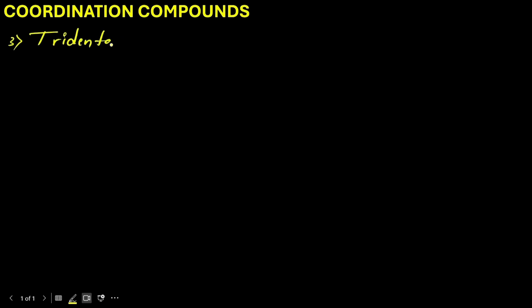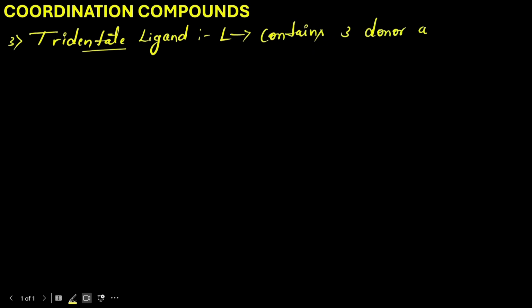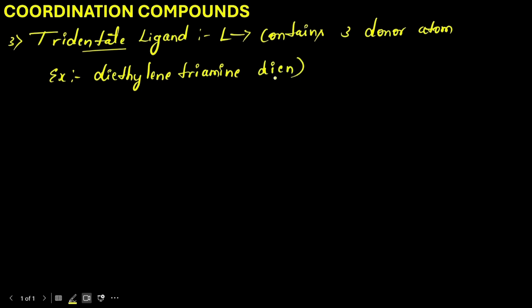Tridentate ligand. These are the ligands which contain three donor atoms. For example, diethylene triamine, which can also be written as dien.